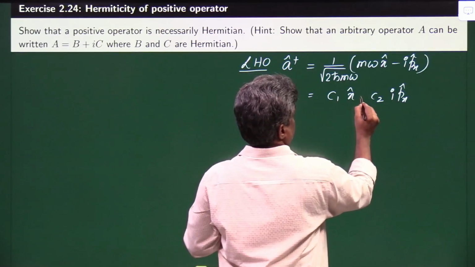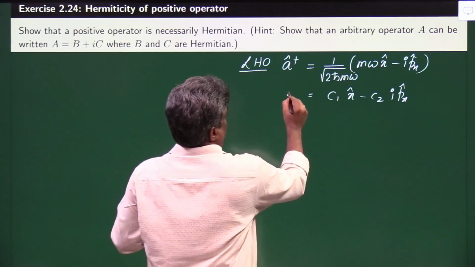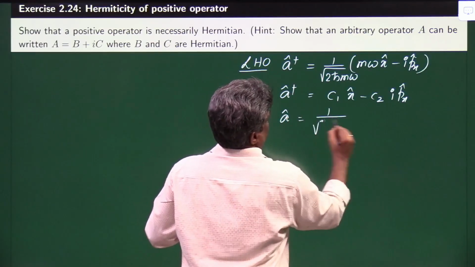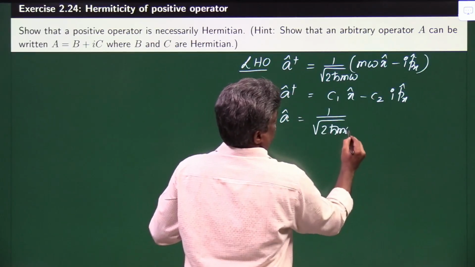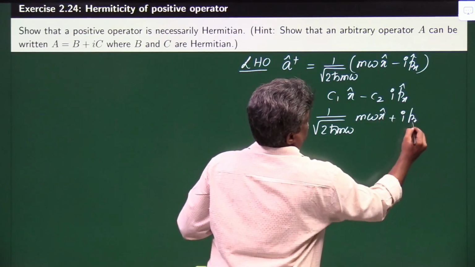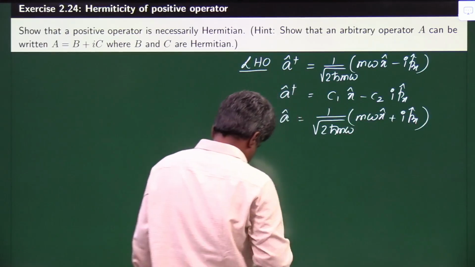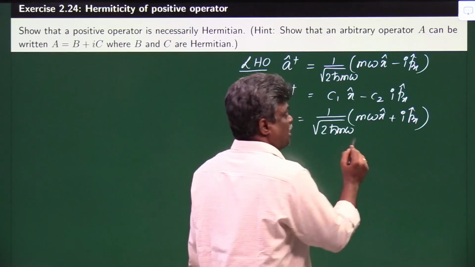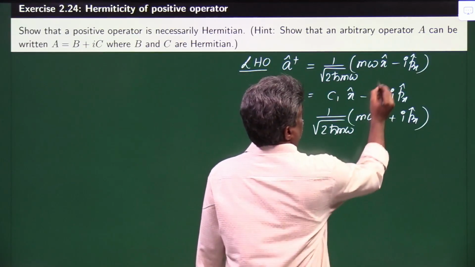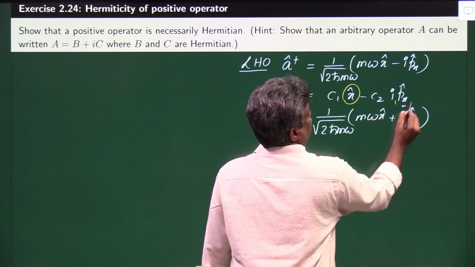And this is a dagger. Then a is 1 over root 2 h cross m omega times (m omega x cap plus i px cap). So here again we have written a linear combination of x and px. See, x and px are Hermitian operators.